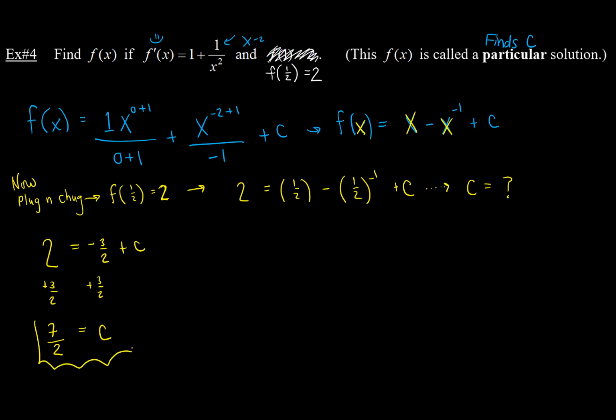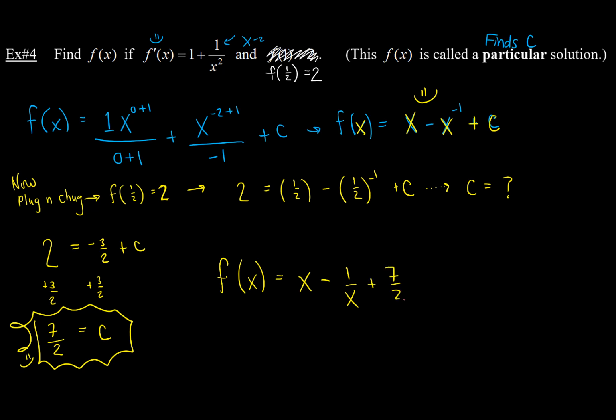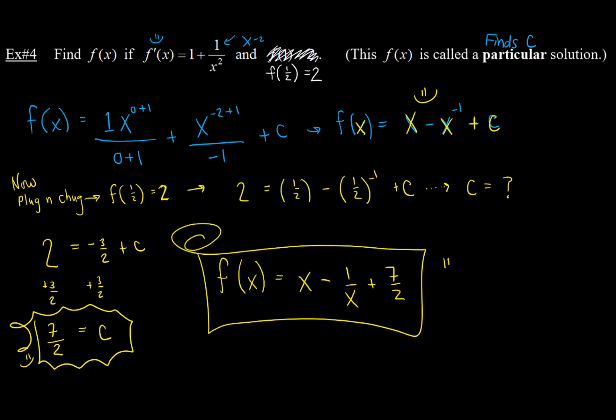So c is 7 halves. And that means I can now fully define my antiderivative. So I'm going to write this down: x minus, and I can write it as x to the negative 1 or 1 over x, it's up to you, and then plus 7 halves, because the 7 halves was positive. And that's my final answer.